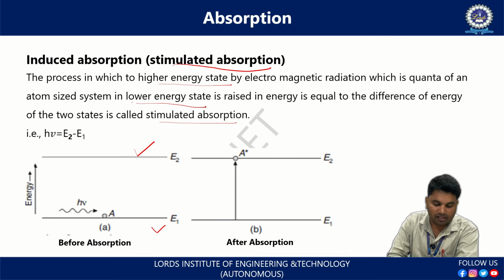So as we have seen, the atom which was originally in the ground state is moving to higher energy state by the external energy such as photon, called quanta. So that is h nu energy, a photon, being incident on the atom in the ground state. By gaining the energy, the atom is moving to higher energy state such as excited state, and the atom remains there. So this phenomenon, the absorption of photon, is basically termed as stimulated absorption.